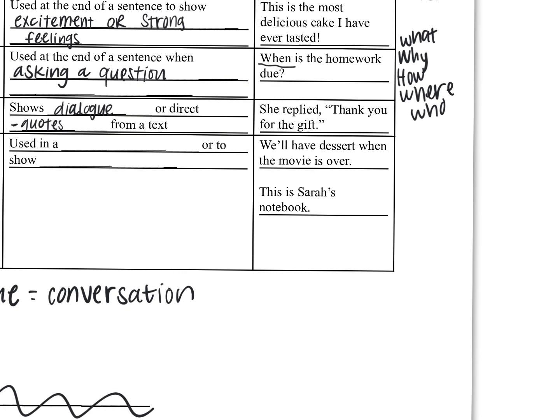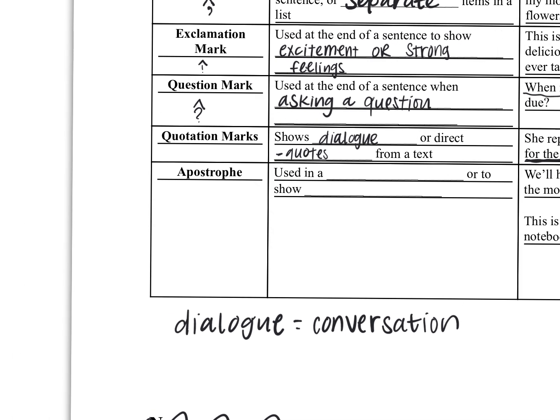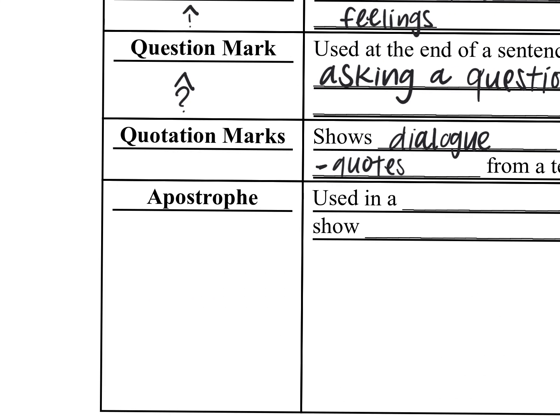So looking at our example, she replied, "Thank you for the gift." Okay, so notice the space, all the words in between the quotation marks is something that is being said. Okay. And again, to add quotes, well, you don't have to necessarily use a caret for quotation marks.